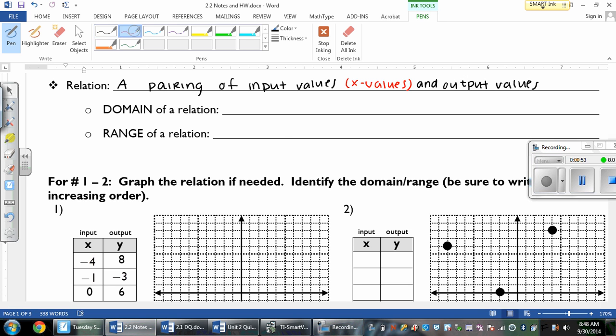And output values are the y's. The domain of a relation is just the set of all the input values. And remember, all the input values, that's the x values.